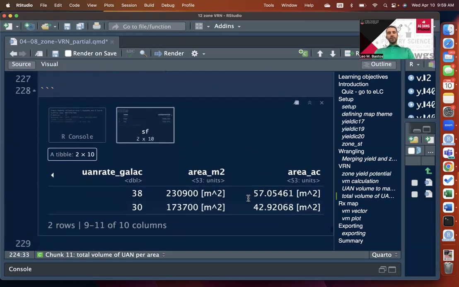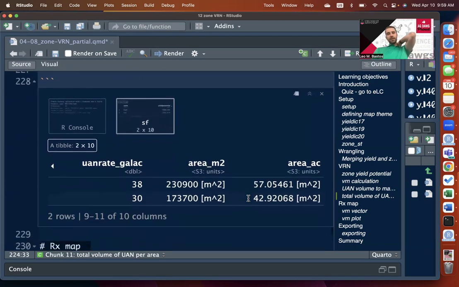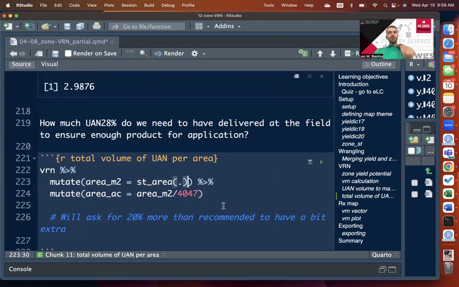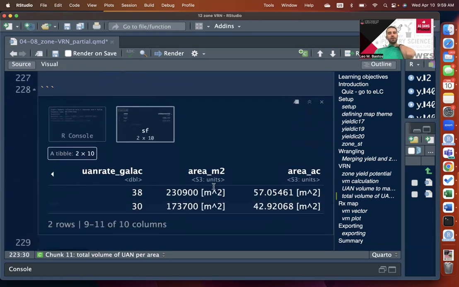One last quick thing that we have to do here before moving on is, so when we use this function st_area, maybe, I don't know if you noticed, but it has a different object type. It's calling this a units type, and it's already adding for you the meter square by default, which is okay for the initial area in meter squares because that is meter squares.